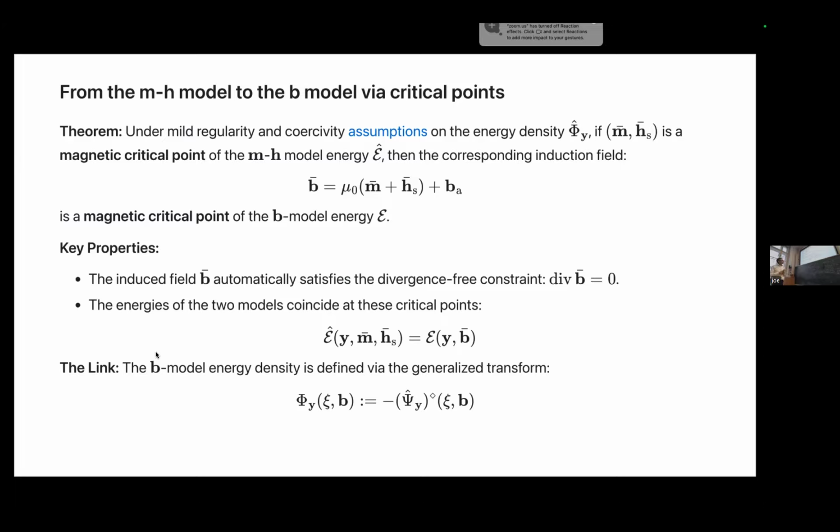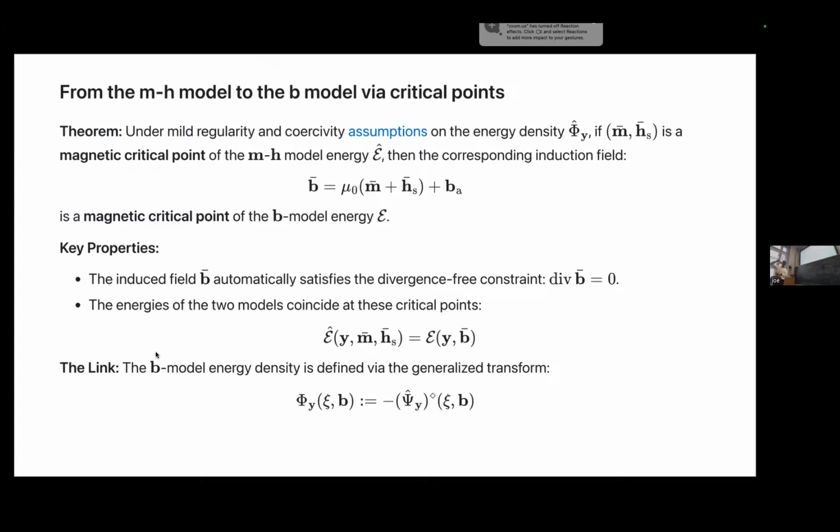And this is a very important point to consider: in the literature, there are many papers that consider the equivalence between these two models, but most of them fail to acknowledge that this equivalence holds only at the critical points, only if you are at equilibrium. Otherwise, the two energies do not coincide in general.